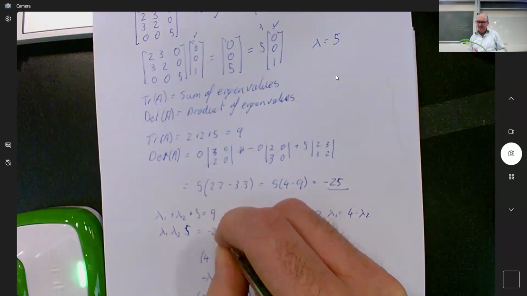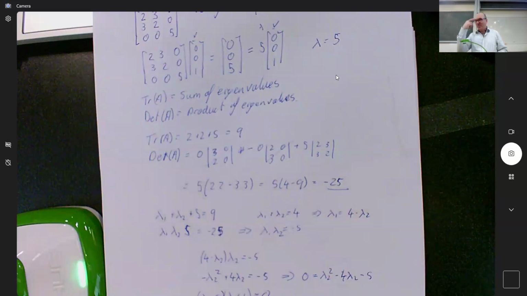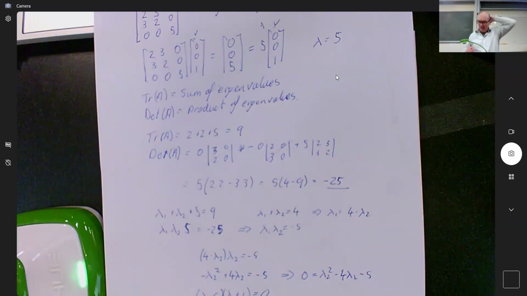Ah, man. You guys got to watch me. I say the right thing, I write the wrong thing, or vice versa. This is why I thought the other eigenvalues were going to be 5 and minus 1. I have definitely done something wrong.